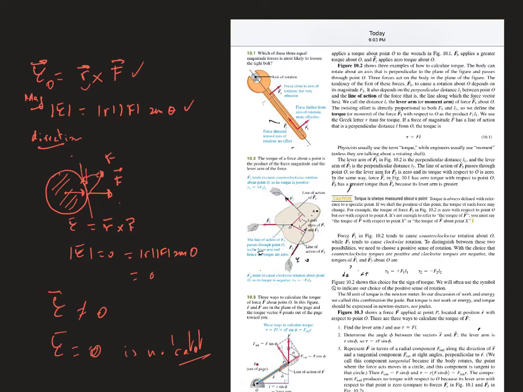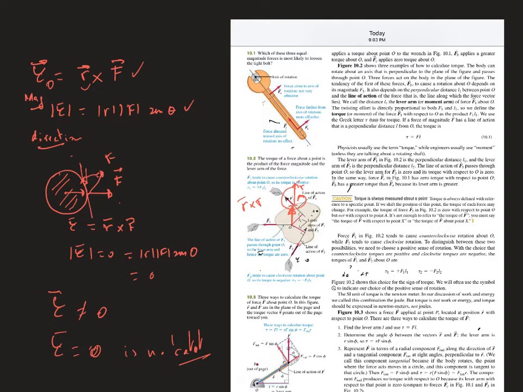In difference with this F1, the cross product of R cross F will be this distance R. This is R, I continued the R and put it here. R cross F will generate a rotation that is counterclockwise, so it's positive.